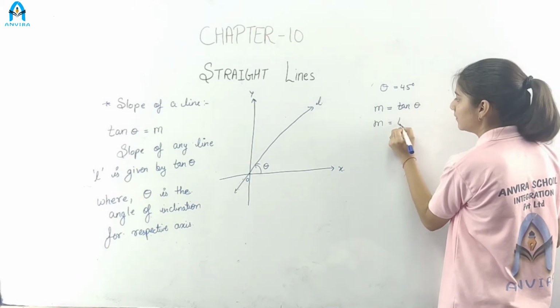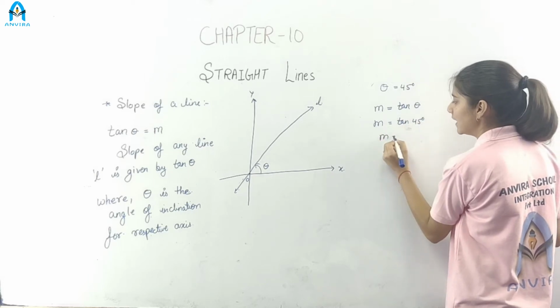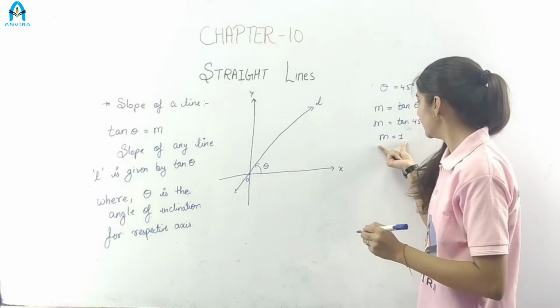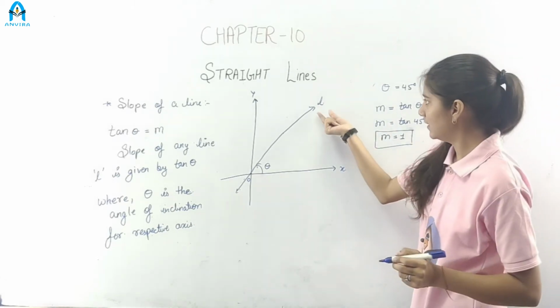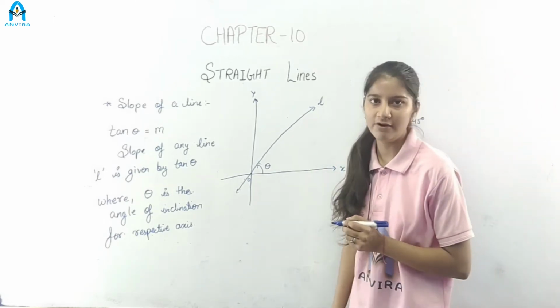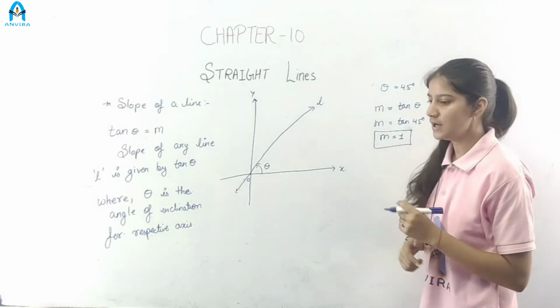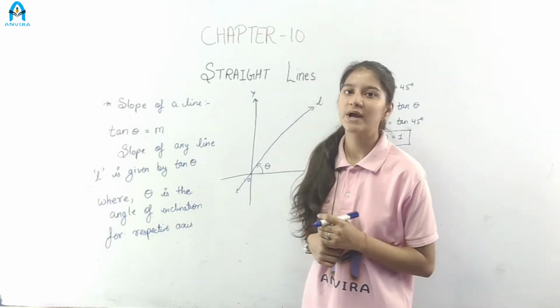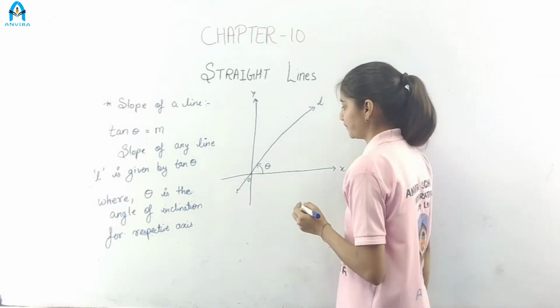So m is given by tan 45. What is tan 45? That is 1. So here the slope of any line L that is given theta equals 45, I can find the slope is equal to 1. Similarly, for different angles, you can find different values of slope.